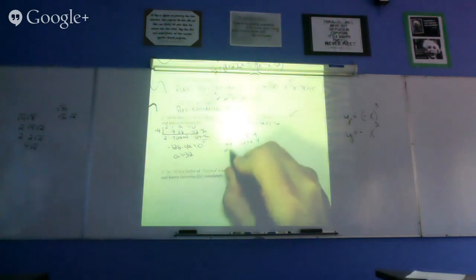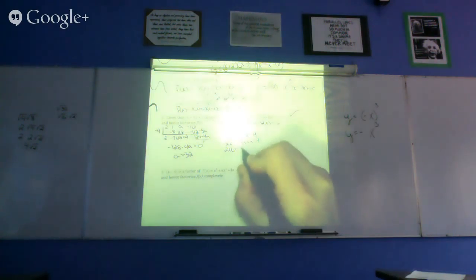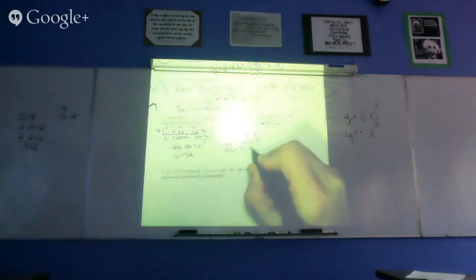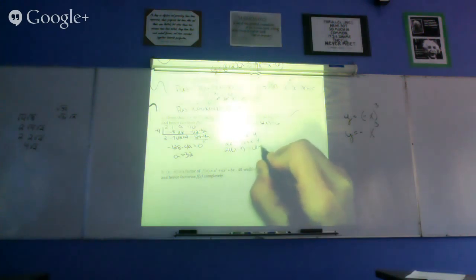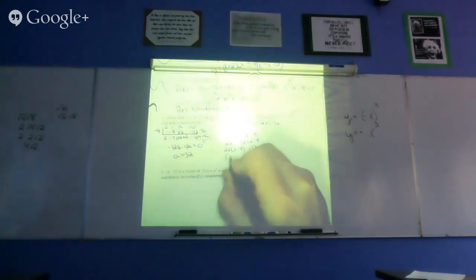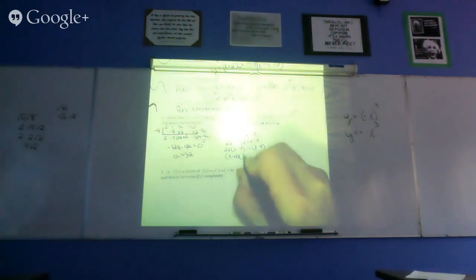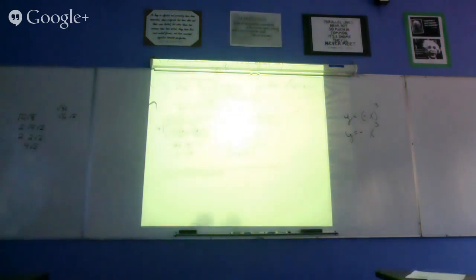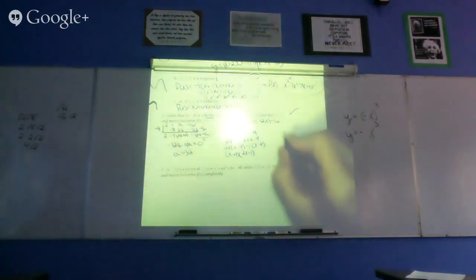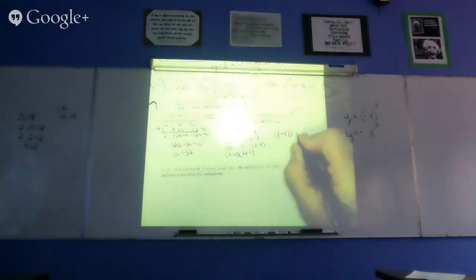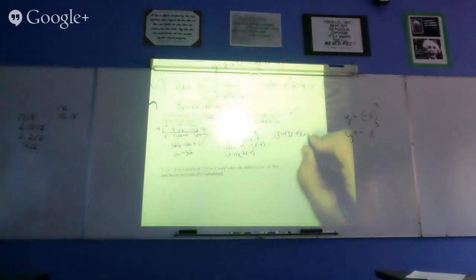Factor out the 2x, x minus 4. Factor out the -1, x minus 4. X minus 4 times 2x minus 1. So what are the factors? My factors are x plus 4, x minus 4, and 2x minus 1.